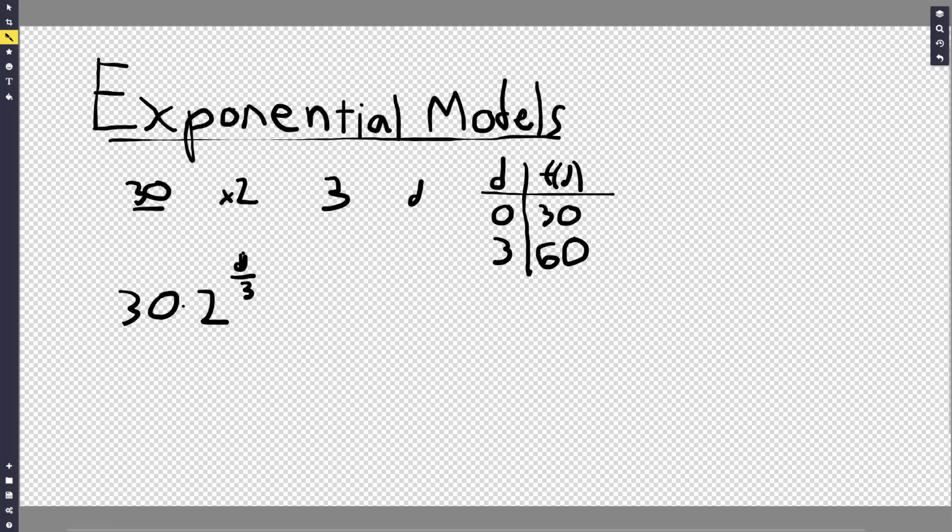At 0 days, if d is equal to 0, then it's 2 to the power of 0, which is just 1, so it's 30. And if we plug in 3, times 2 to the power of 3 divided by 3, and 3 divided by 3 is 1, so it's just 30 times 2, which is 60.